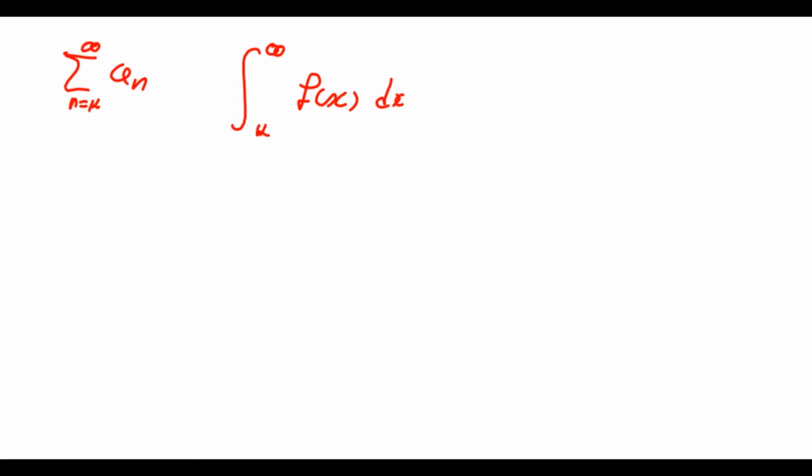So the idea is that if you're given your a sub n, which you're obviously going to write as your f of x, provided it's positive and continuous, and it's decreasing for x greater than or equal to 1, then you can apply the integral test.